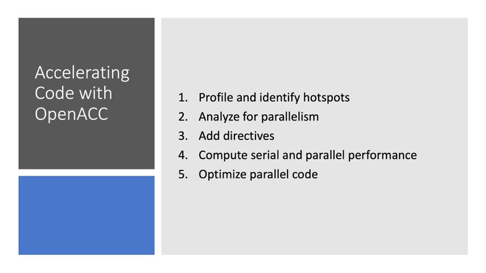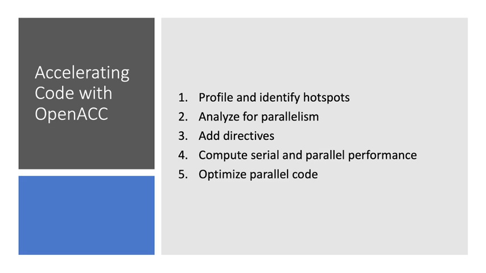Let's talk about how to accelerate a code with OpenACC. Firstly, profile and identify hotspots. We need to identify our computational hotspot. This can be done with a profiling tool. Second, analyze your code.